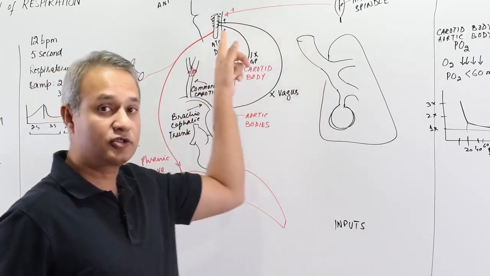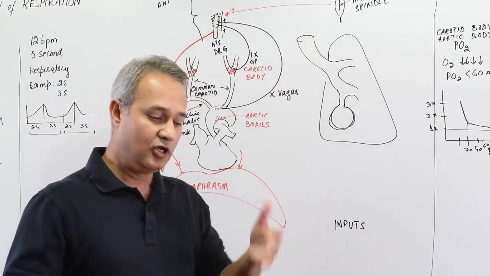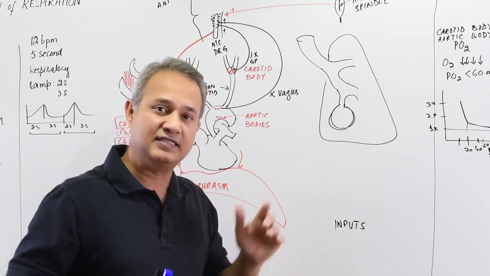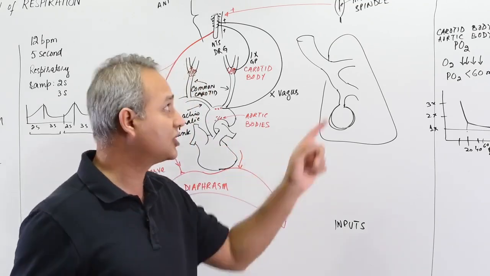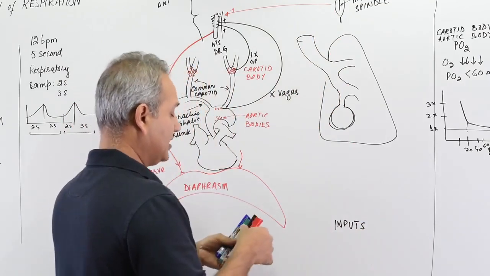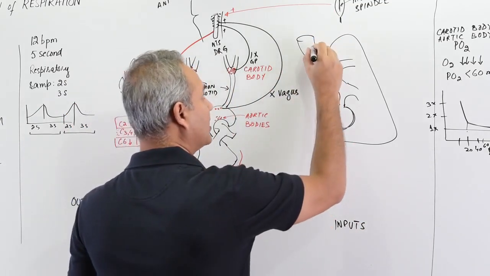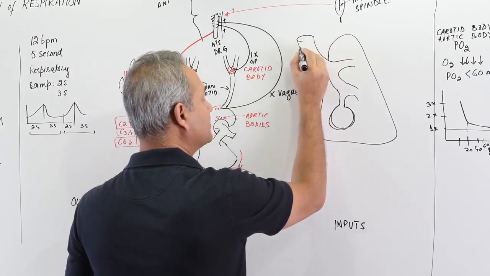These messages also go to the dorsal respiratory group and they trigger it to increase the breathing. So in the early parts of the exercise, the increased rate of breathing is triggered by the muscle spindles and the Golgi tendon organs.